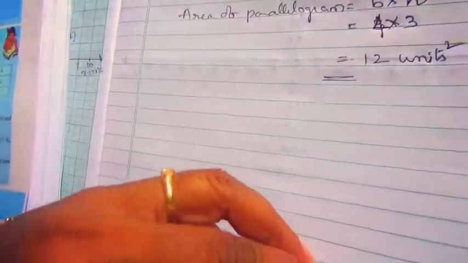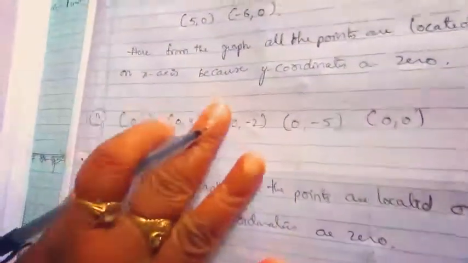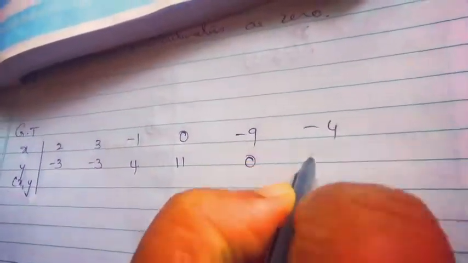Just like this you have to plot the graph. Here I am showing the tabular form to you. Given x, y, (x, y): here we have (2, -3), (3, -3), (-1, 4), (0, 11), (-9, 0), (-4, -6).